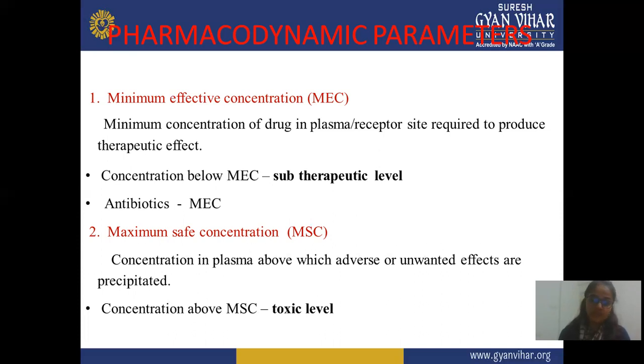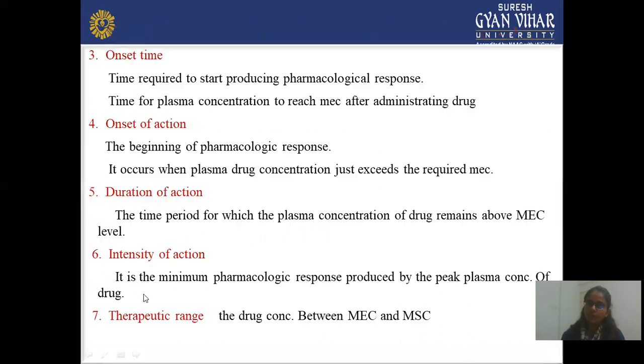If your drug still shows more effect after this maximum safe concentration, or MSC, there may be chances that it shows unwanted or adverse effects that are not suitable for your body, because it has exceeded the maximum safe level. This is the toxic level, where excessive, unwanted effects are produced. So this is the MSC, or maximum safe concentration, for the pharmacodynamic parameter.